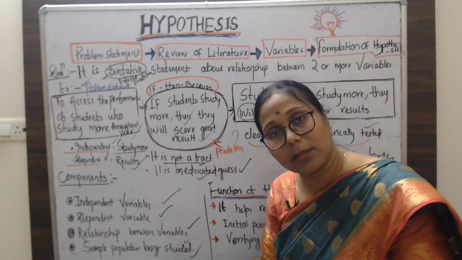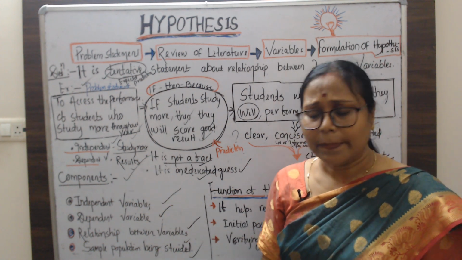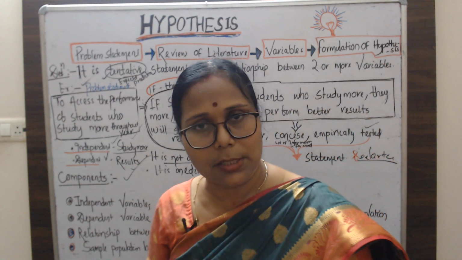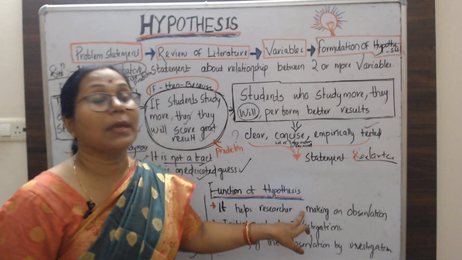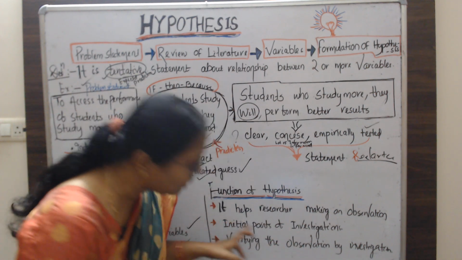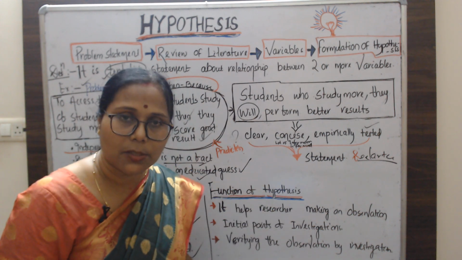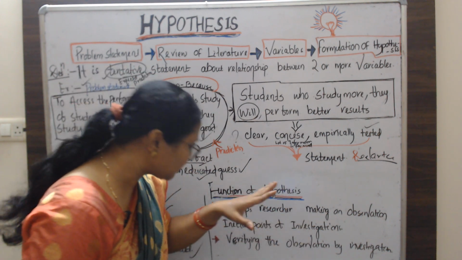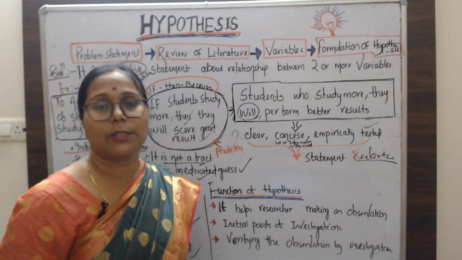These are the components of the hypothesis. And how does this hypothesis help the researcher? That is the important point. It helps the researcher in making observations. Yes, it is the initial point of investigation, the basis on which they go for the investigation, and for verifying the observation by investigation.